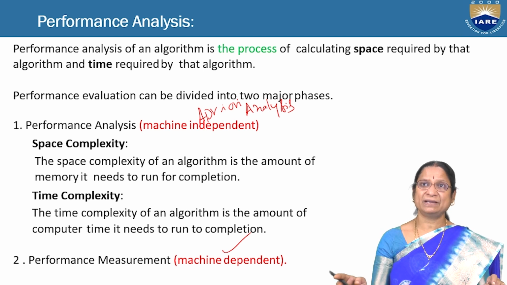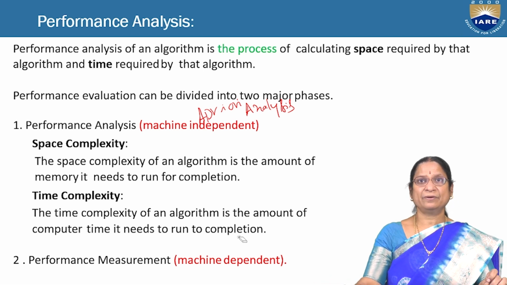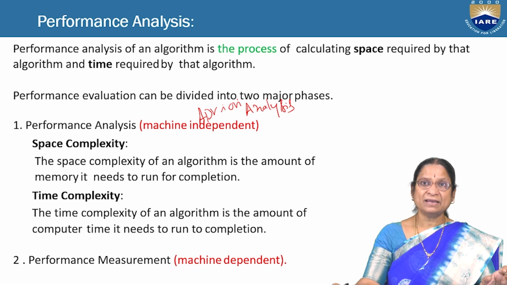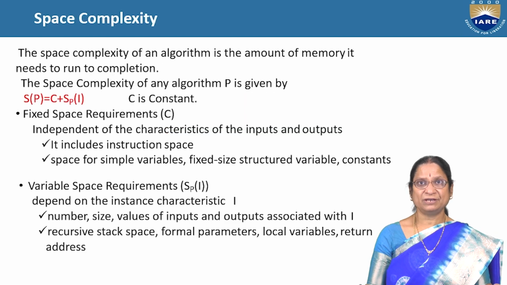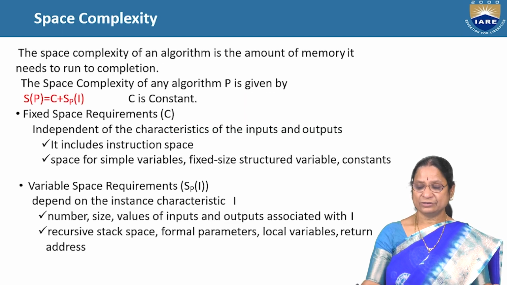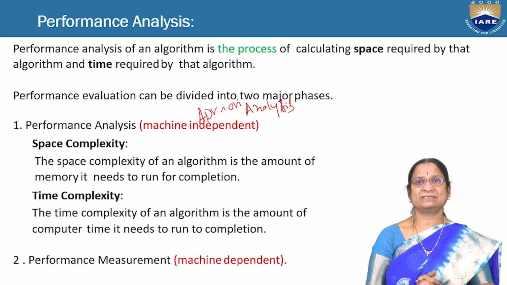But this is machine dependent. Depending upon the machine speed, the operating system, and the compilers we are using, various changes may occur for the same logic of the program, depending upon the speed of the computer, etc. So that's why, as a part of our course, analysis of algorithm is required first.